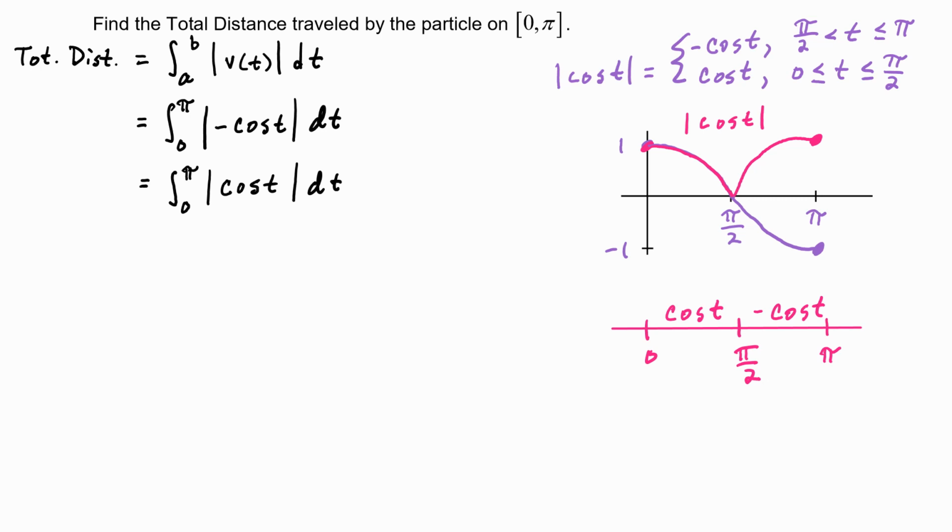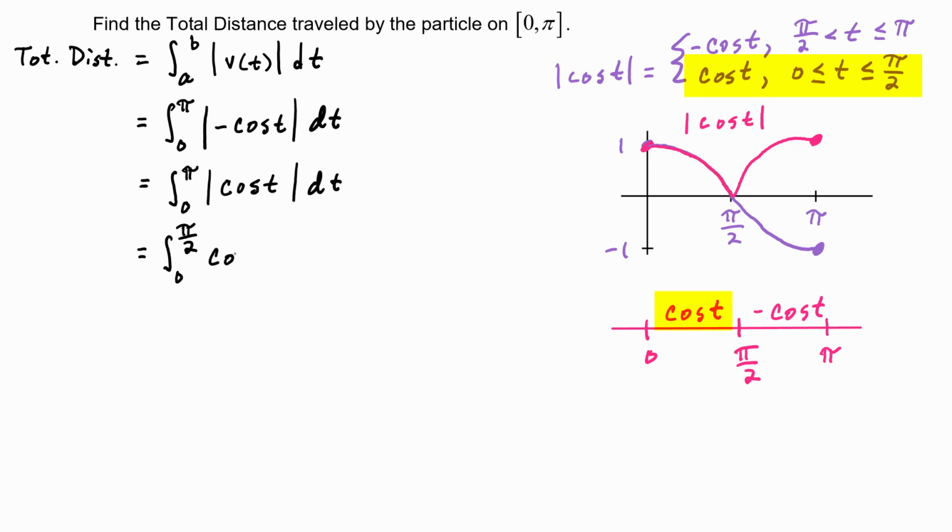Now all this helps us decide how we can break up this integral over here, and it will become the integral from 0 to pi over 2. Remember, on that interval we're using cosine of t because cosine was already positive.